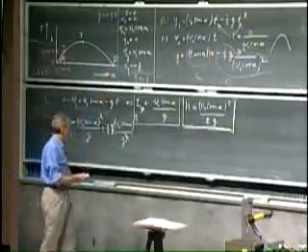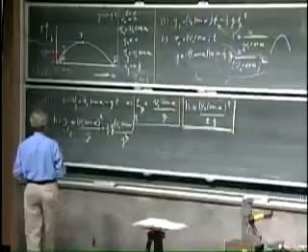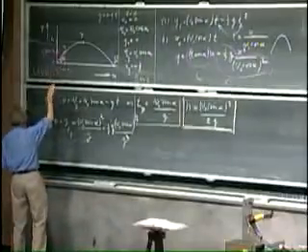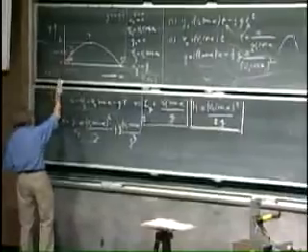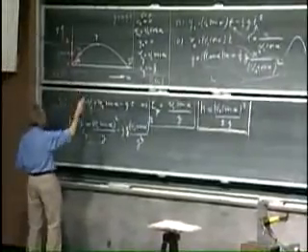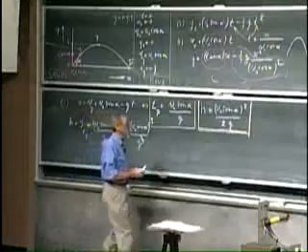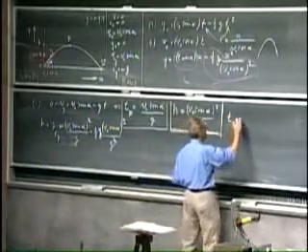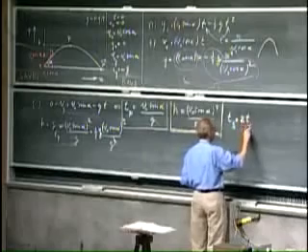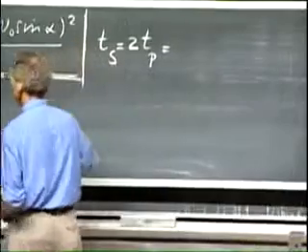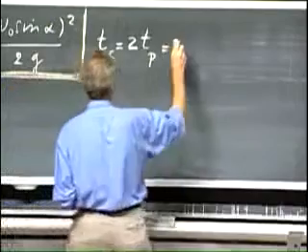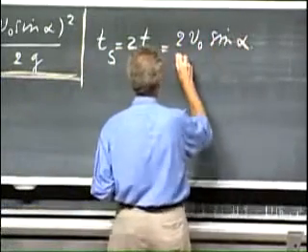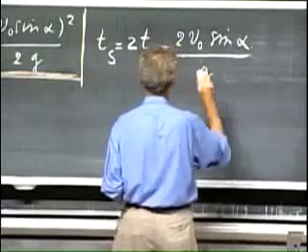I think there's a faster way to do it, and that's the following. This is a parabola, so it's completely symmetric about the vertical about P. So to climb up from O to P must take the same amount of time as to go down from P to S, and so I claim that the time to reach point S must be twice the time to reach point P, and therefore it's going to be 2 v0 sine alpha divided by g.